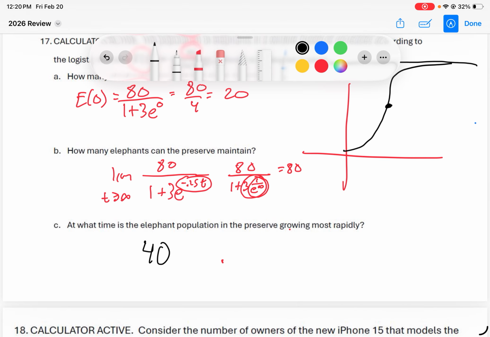Okay, I need to get Desmos open. Almost messed this up, this would be 80 on top. Okay, I'm graphing this, and then I'm also going to graph y equals 40, and see where they intersect.